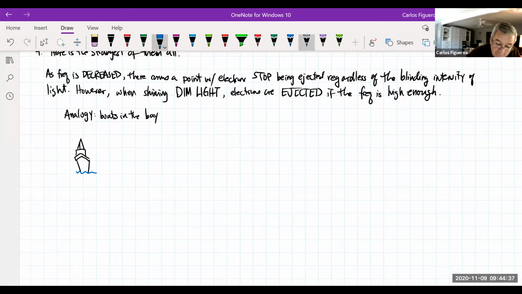And then some of these boats are pretty, so we gotta color them in. And then you could imagine that we have several boats, because it's important to talk about several boats here. Okay, so here's my boats. And what's special about these boats here is that they're tethered off the coast here.